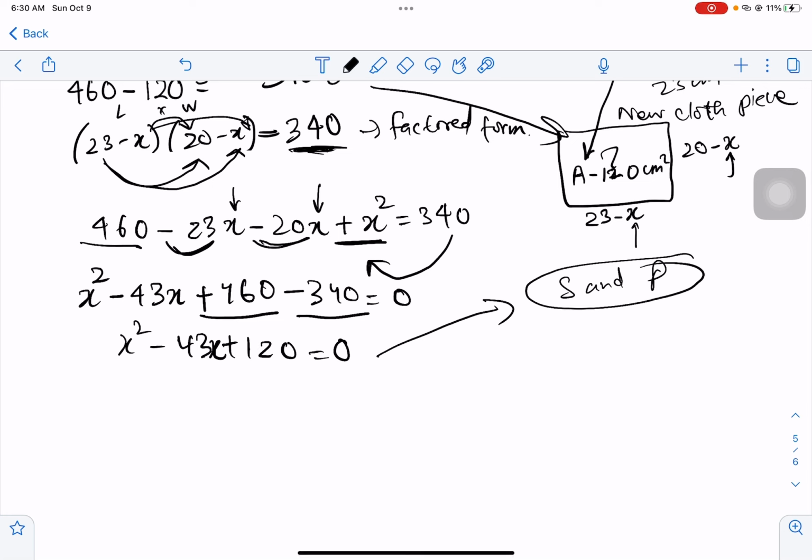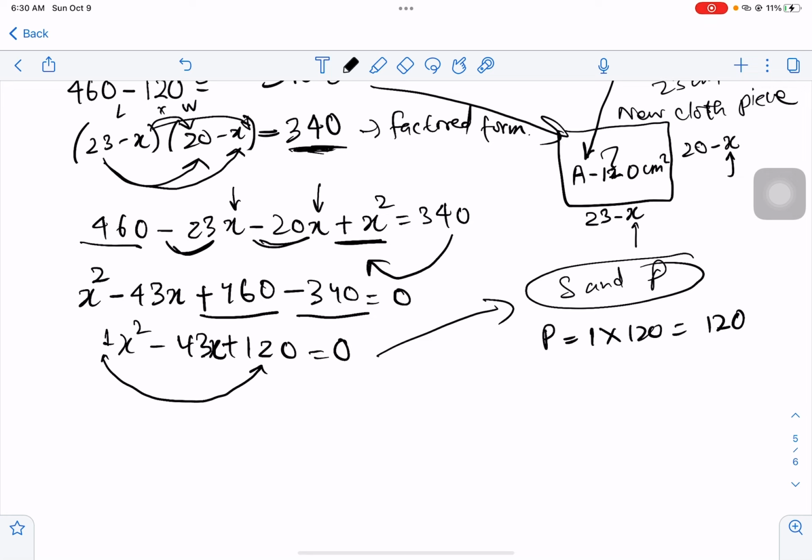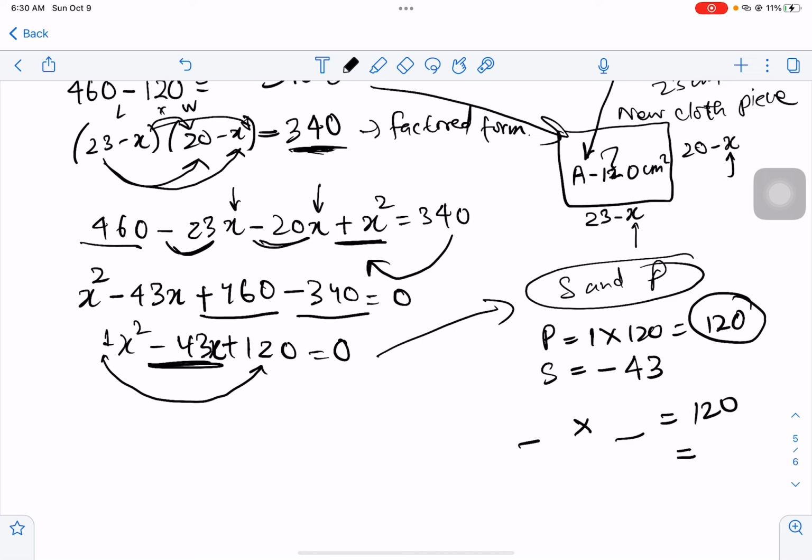If I use the sum and product method, product means you multiply the first and the last: 1 times 120 is 120. Then the sum is the middle term, negative 43. So I need to find two numbers which on multiplication give positive 120 and on addition give negative 43.